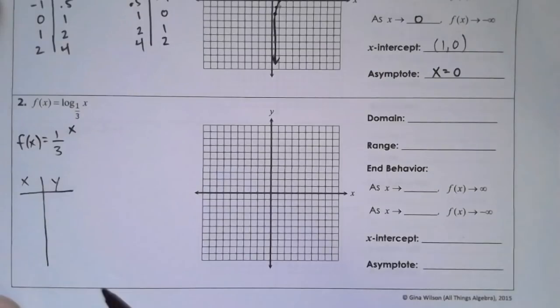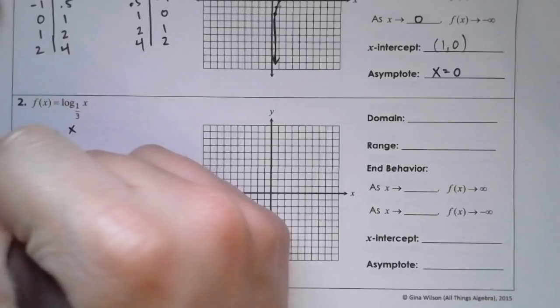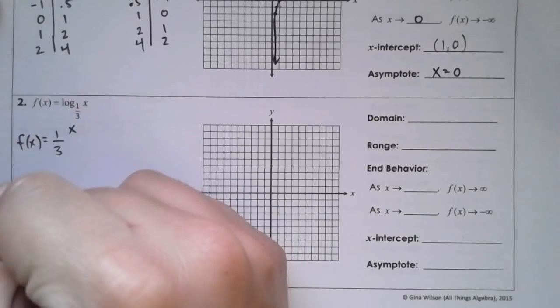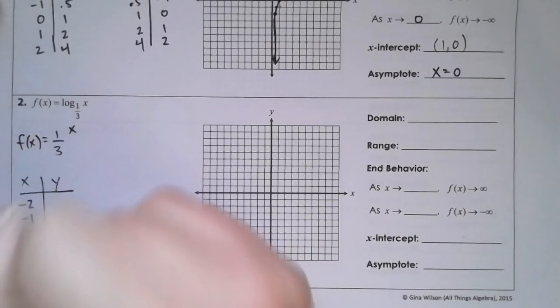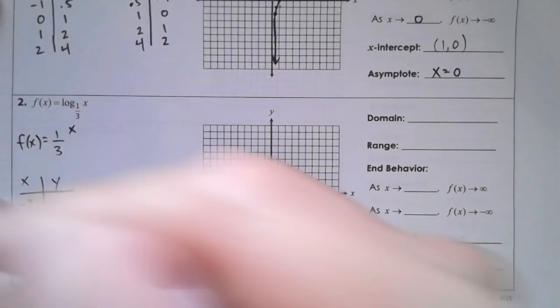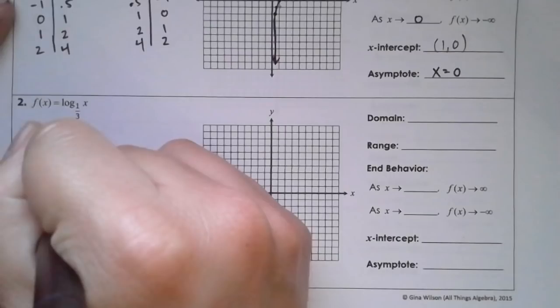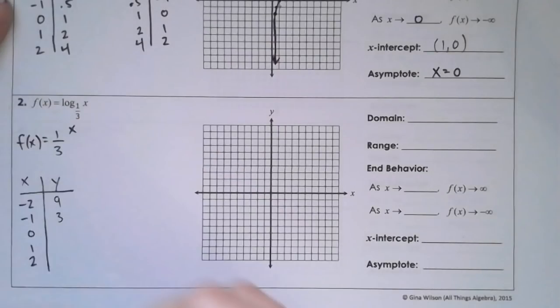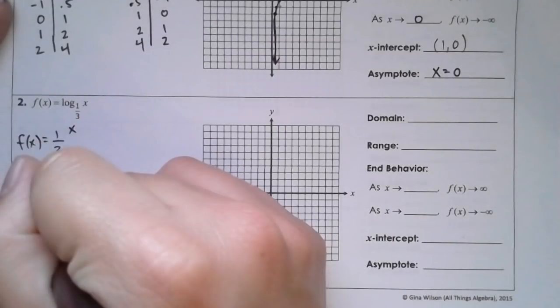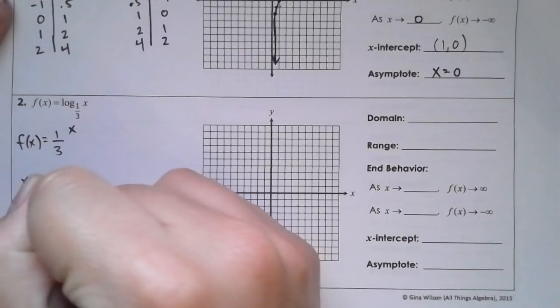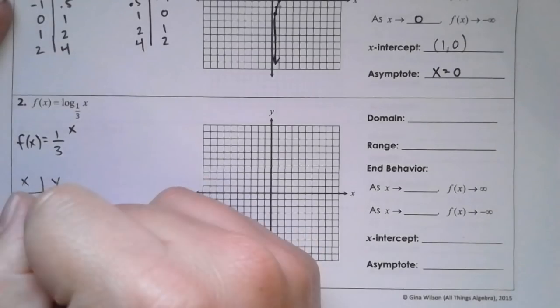So some values to the left, some values to the right of the origin, and plug these in here, and you're going to get the following values: 9, 3, 1, 0.3, and 0.1. These are repeating decimals.